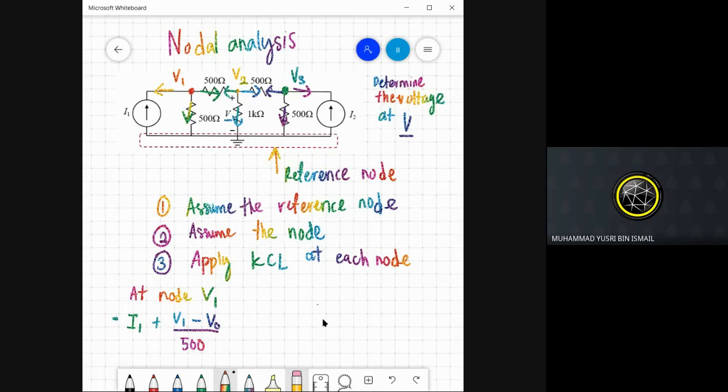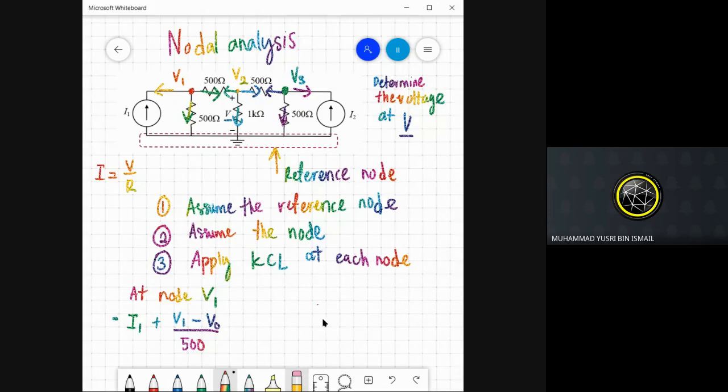As the current flows through the resistor, there will be a potential difference in terms of its voltage, so you need to subtract V naught at the ground. The voltage difference here is represented as V1 minus V naught. Also, you can relate the current I, which is equal to V over R.